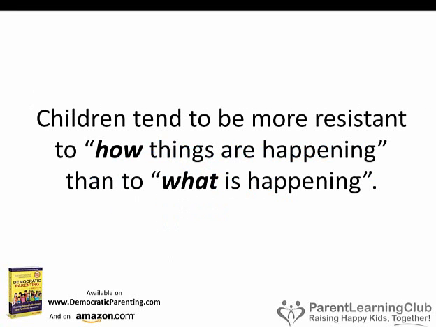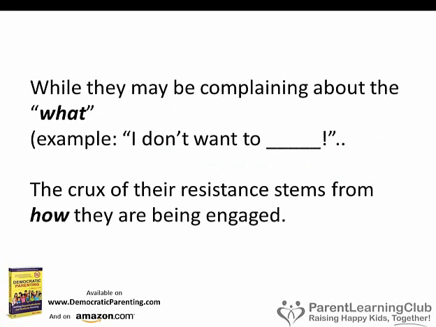So the important thing to remember when we're dealing with resistance or defiance is that children tend to be more resistant to how things are happening than to what is actually happening. This is slightly counterintuitive because they may be complaining about the what, right?